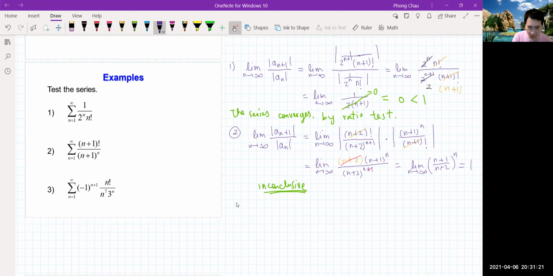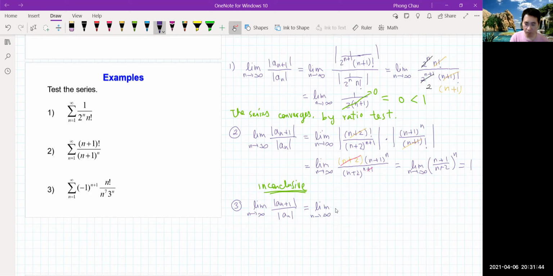So I'm going to use the ratio test in this case. Again, taking the limit of the absolute value of a sub n plus 1 over the absolute value of a sub n. And in this case, the absolute values actually matter, as we have negative terms in it.